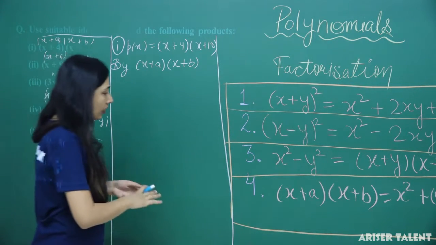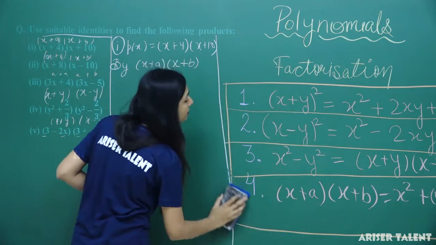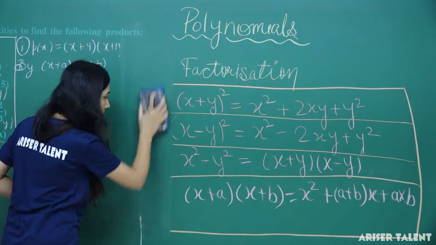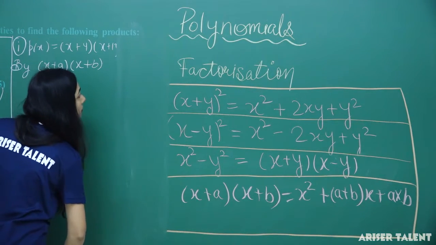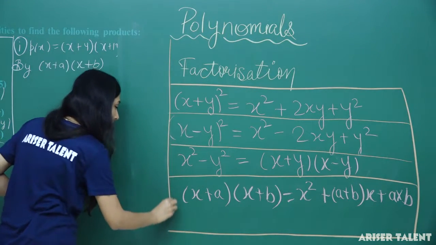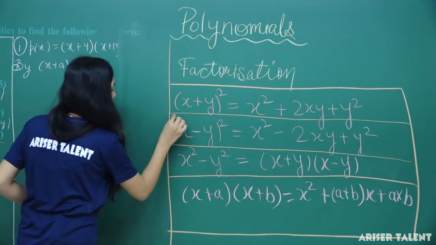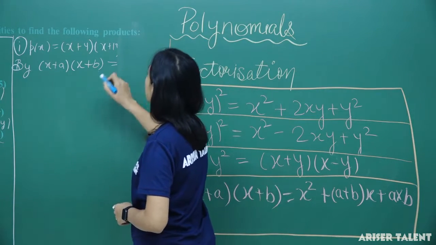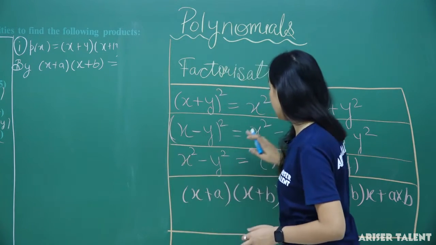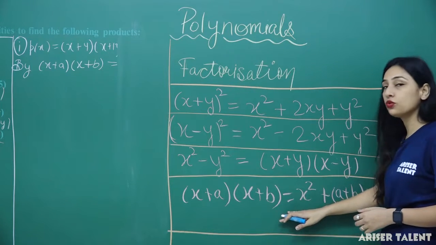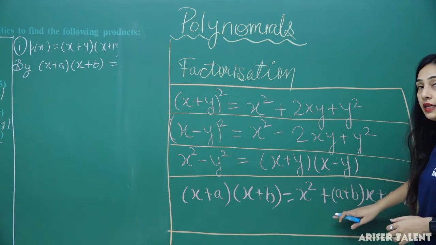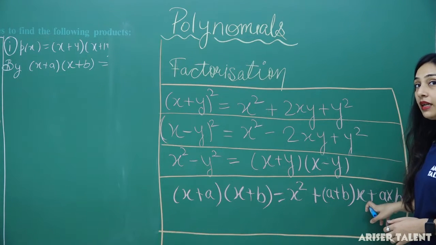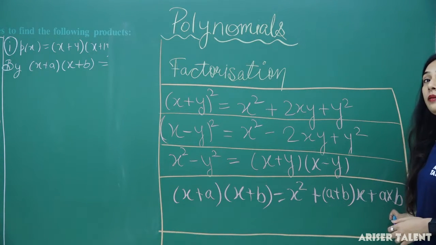Now, what was x plus a, x plus b? Let it just have some space over there. Okay, that's fine. Okay, so this is our identity: x plus a, x plus b equals what? You can see here, x plus a, x plus b equals x square plus a plus b x plus a b.